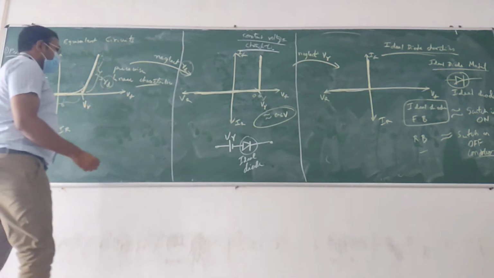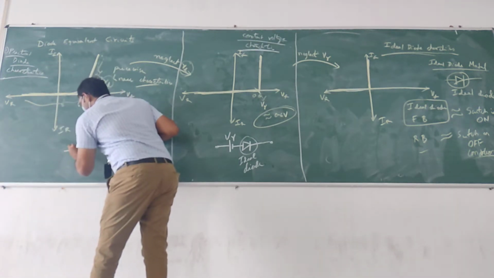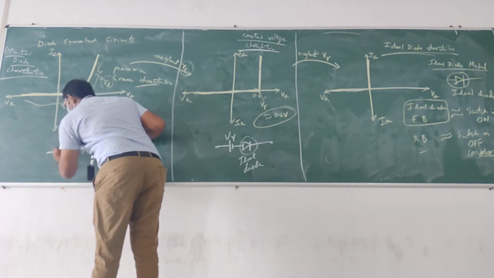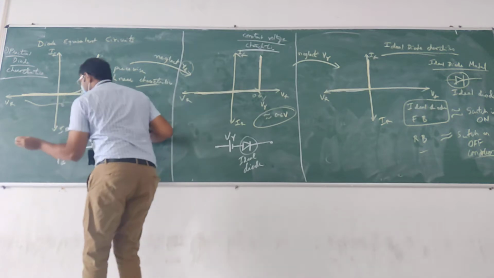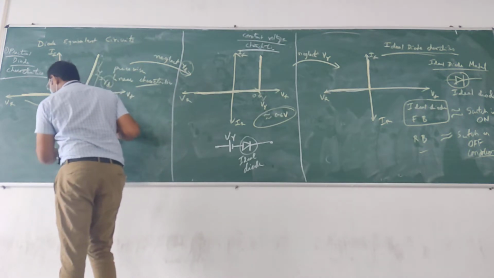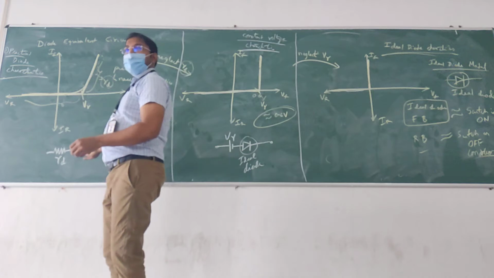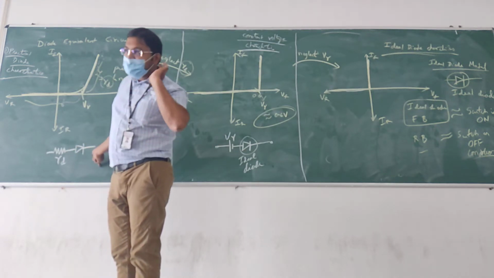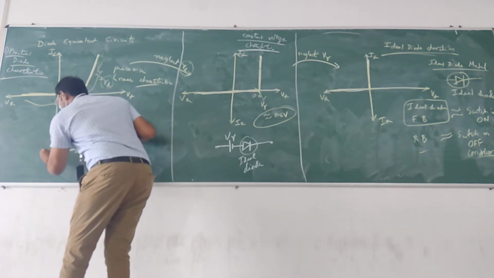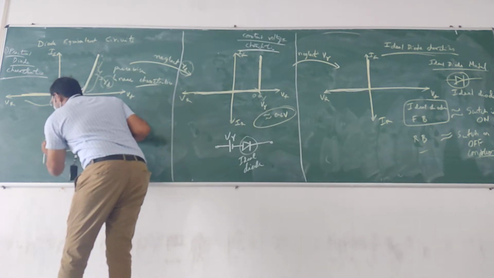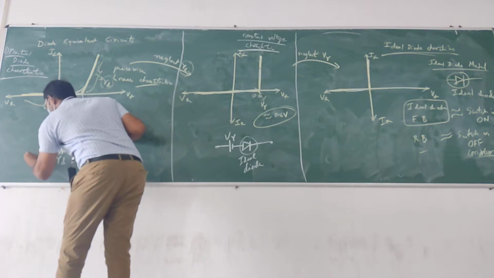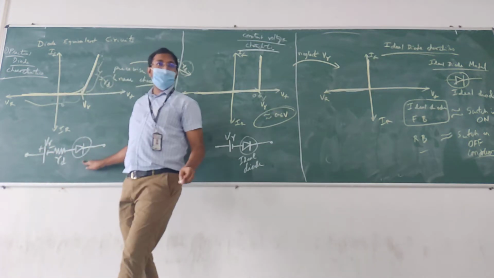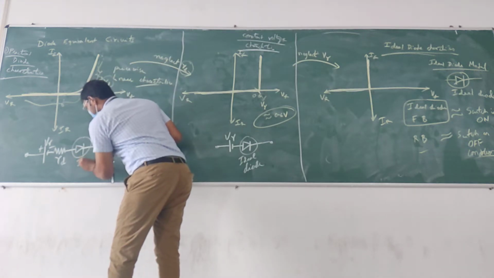So take a diode, and then the diode, RD you are having, and RD. What else should you add? Did I miss anything? Yes, very big. Take V gamma. So this is the equivalent circuit for, again, don't forget to write ideal diode.